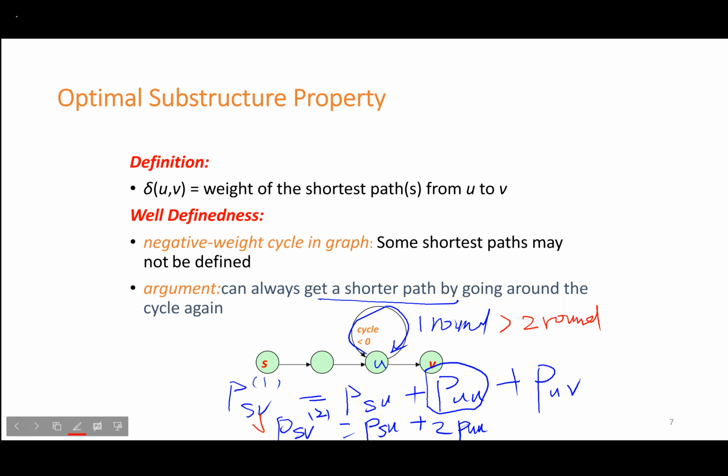You can imagine if you have many rounds, for example n rounds, as n goes to infinity, the weight will go to negative infinity.